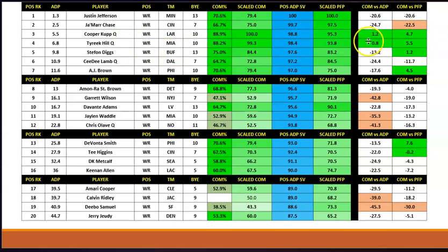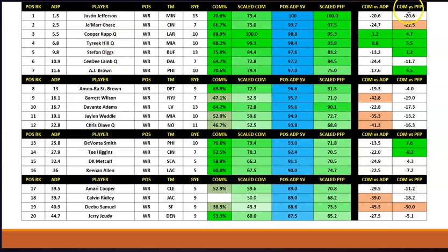Tyreek Hill, same thing. I'm just kind of skipping through value here. Diggs is a little value on projections. So is Brown. So the issues are Lamb, Chase, and Jefferson seem to be the ones that are not as much of value as some of the others. Okay, we'll do beta tests. We'll see.